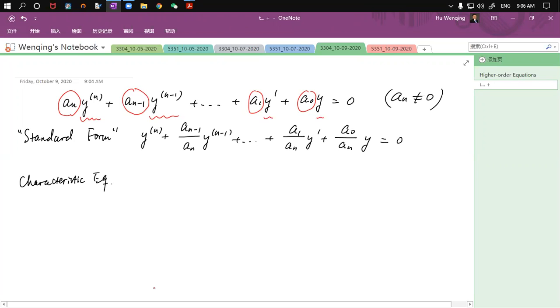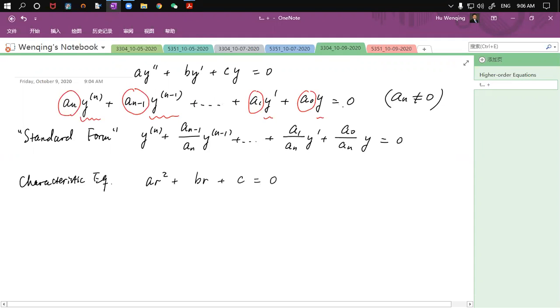Think of the second order equation case, when we have the equation a y'' plus b y' plus c y is equal to 0. The characteristic equation is a r^2 plus b r plus c is equal to 0.